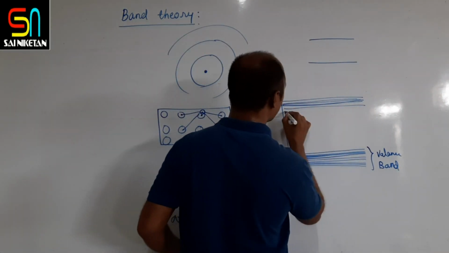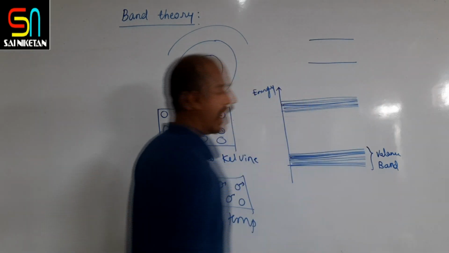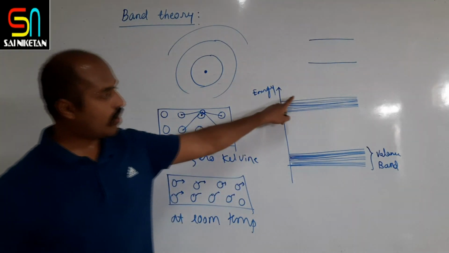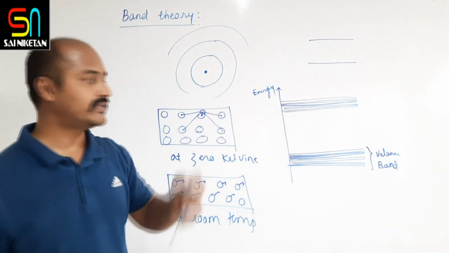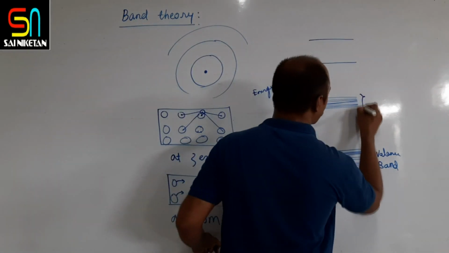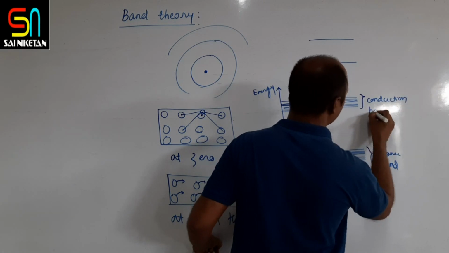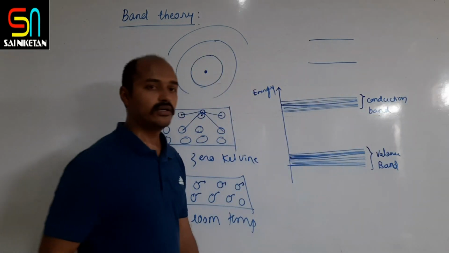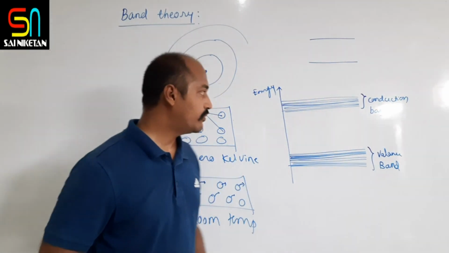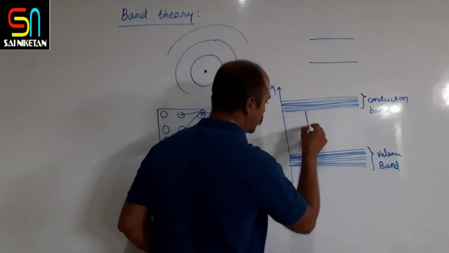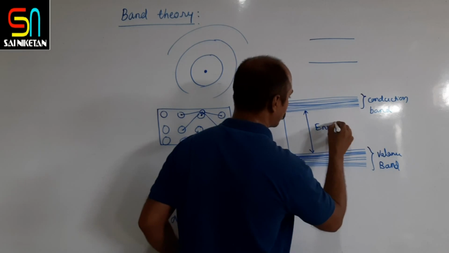Several energy levels I can mark like this. So these all constitute a band. These electron energy levels constitute a band that is called the conduction band. So we have got the valence band and the conduction band, and the gap between these two is called the energy gap.